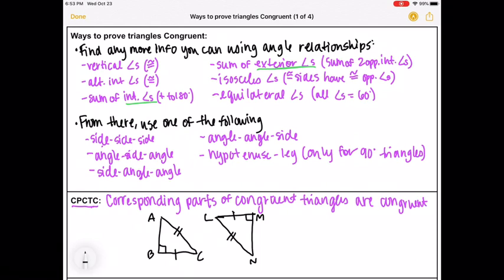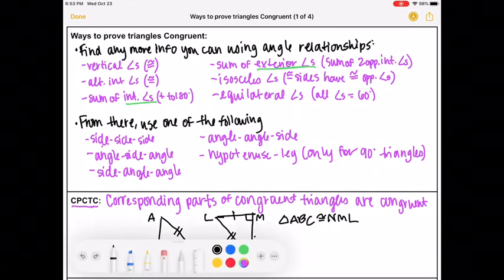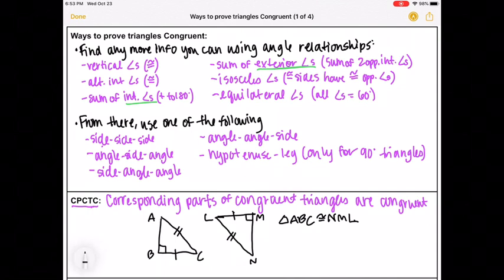So the congruence statement for this would be triangle ABC is congruent to triangle NML, because remember I have to match up. This side was the one that didn't have the congruence symbol, so that's the one I have to match up with each other there. The reason for that is hypotenuse leg.